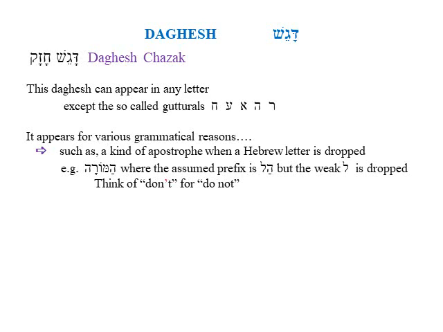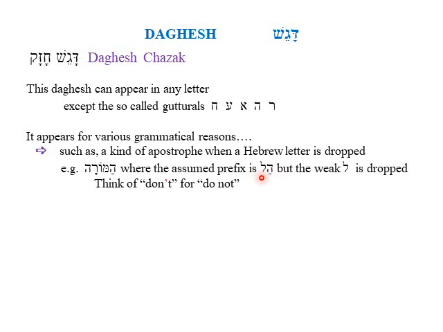Now, the Daghesh Chazak will appear for various grammatical reasons. Sometimes it will show up as a kind of apostrophe when a Hebrew letter is dropped. For example, in this word, ha-morah, there is a Daghesh in the second letter because the ha is really assumed to be a prefix for the definite article hal.